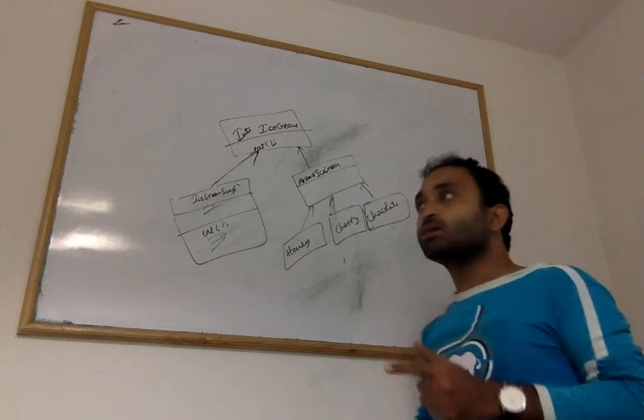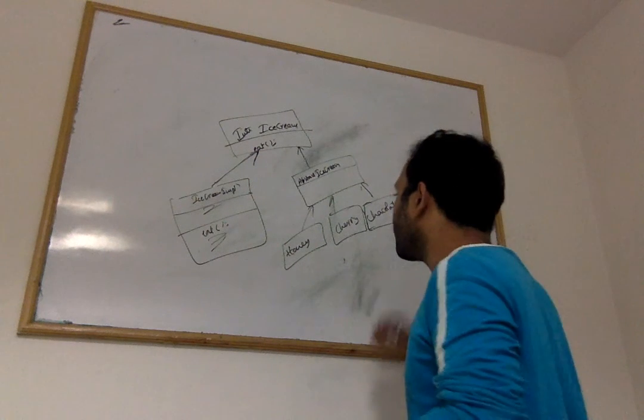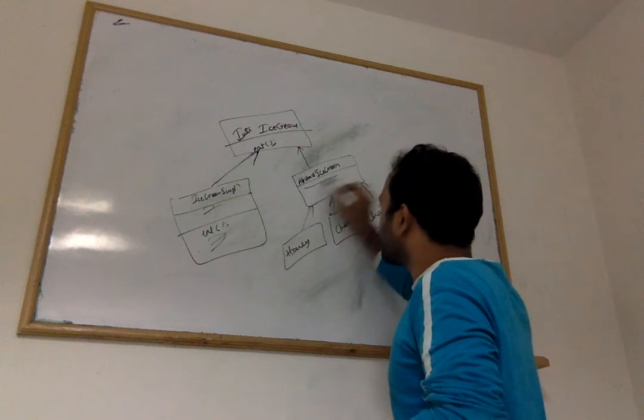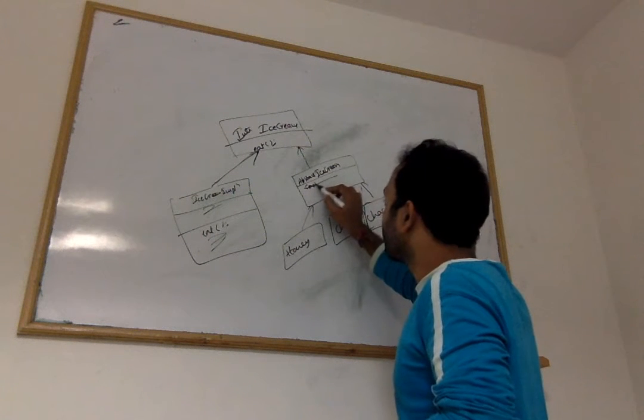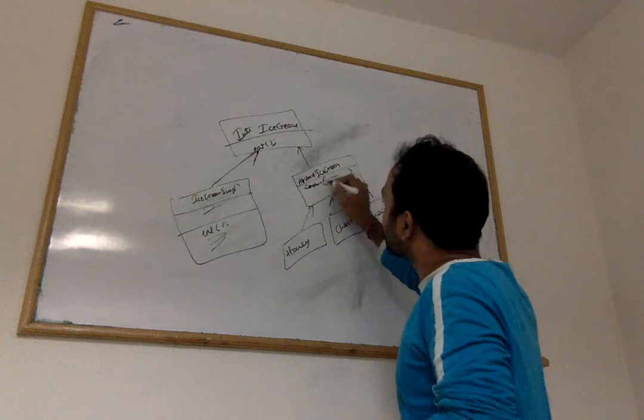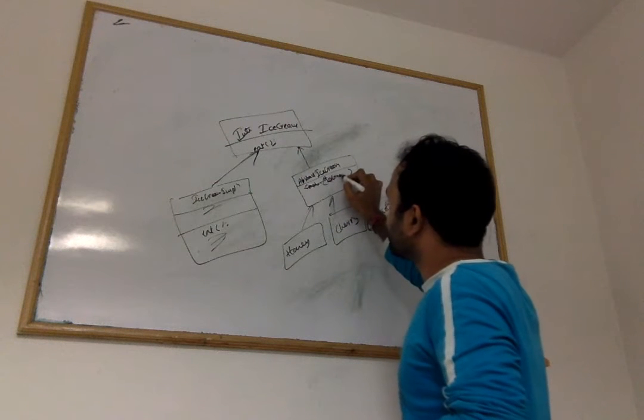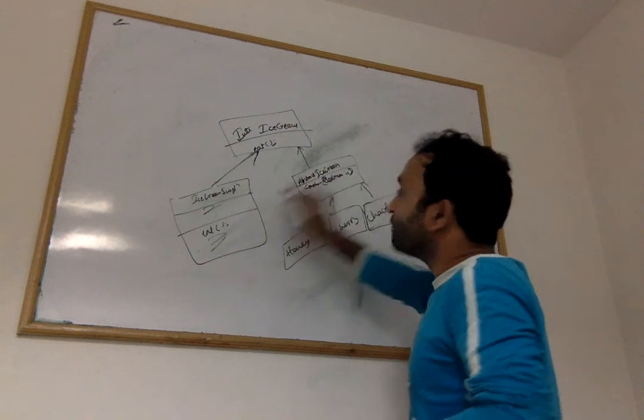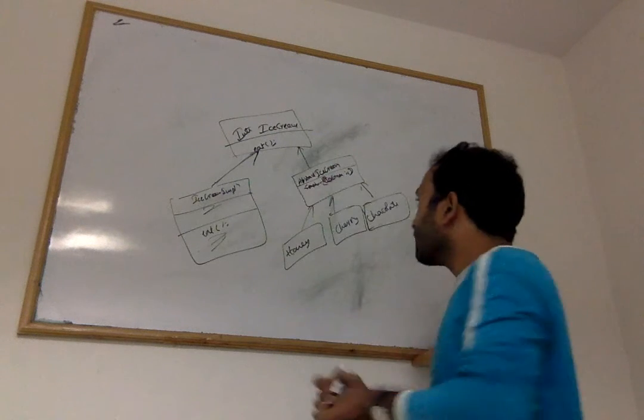More importantly, you will have a constructor which takes an object of ice cream, the bare object, because these are all additional things.